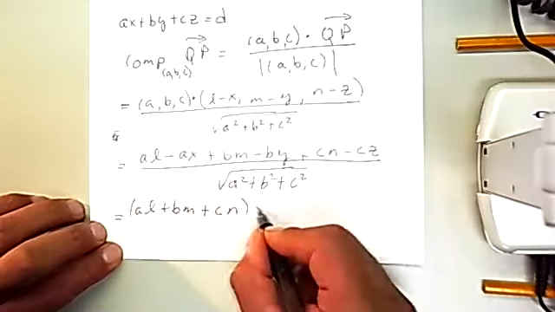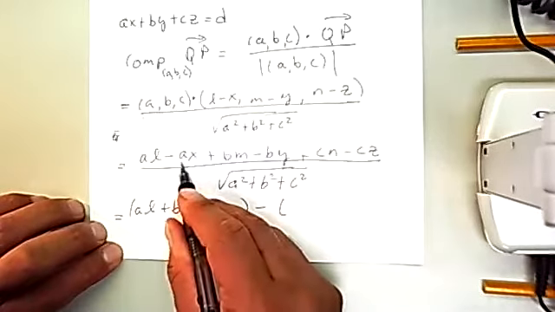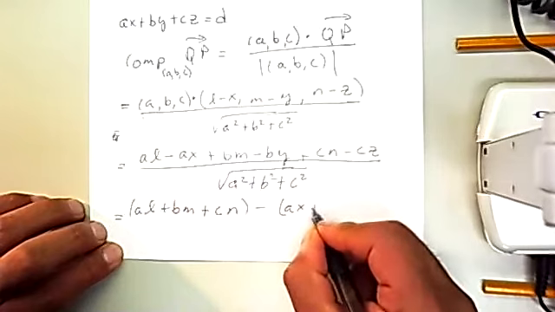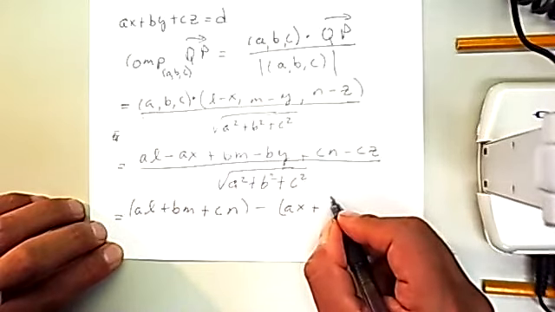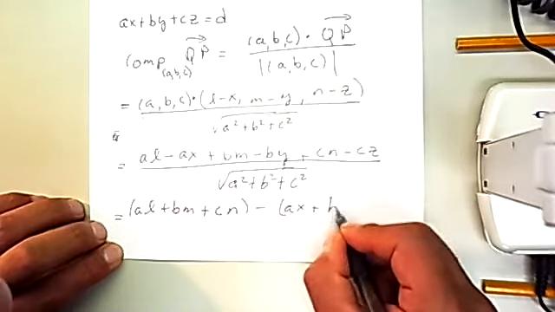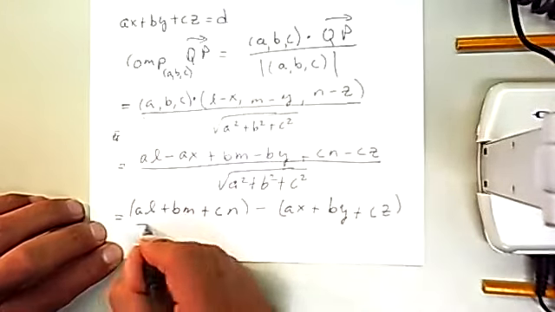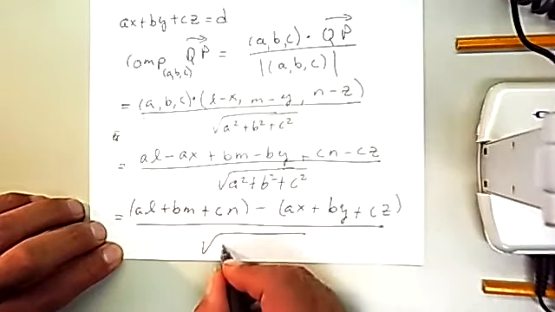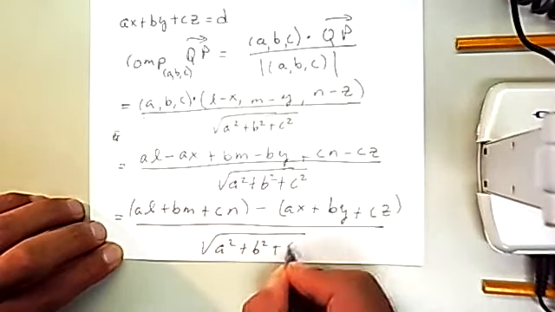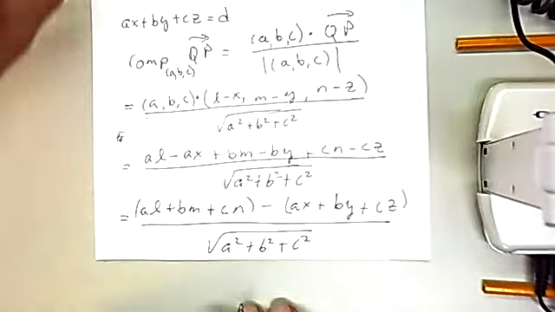And then we subtract AX plus BY plus CZ, over the square root of A squared plus B squared plus C squared. I'm going to continue on the next sheet.